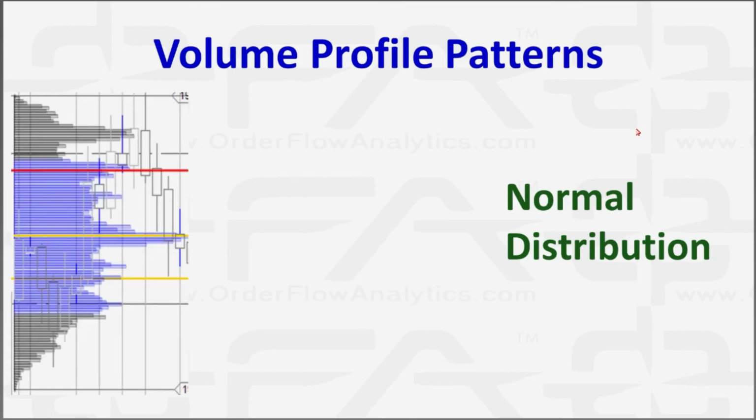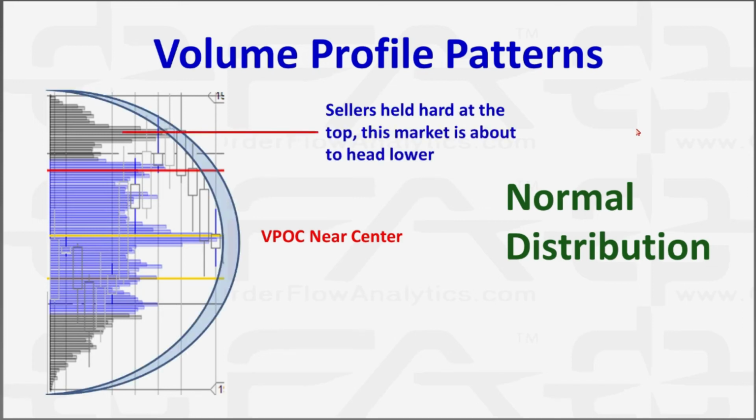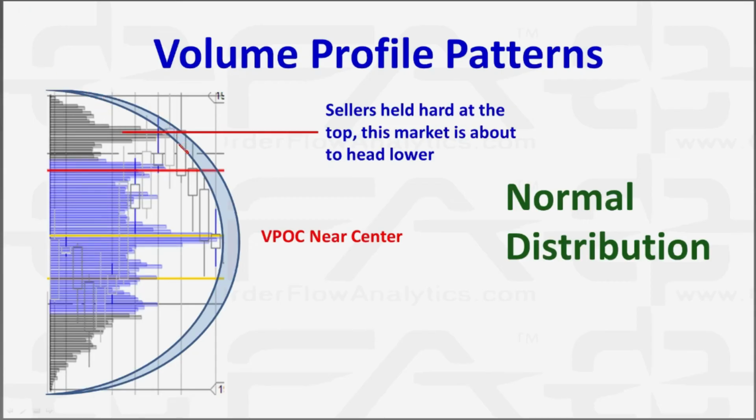All right, let's look at normal. What we see in the normal distribution is VPOC typically is near center. We get a nice bell-shaped curve. Now in this specific profile, you'll see a volume distribution and a high volume area up at the top right here. What this is saying is this market is about to head lower. You've got a finish to the upside.